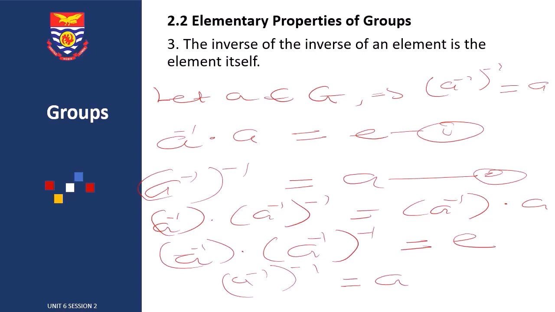Okay, so axiom 4, unfortunately I didn't state it here, but let me state it for you. If A and B are members of the group G, then there's an important deduction one can make from here. The axiom states that the inverse of the product of A and B is B inverse times A inverse.